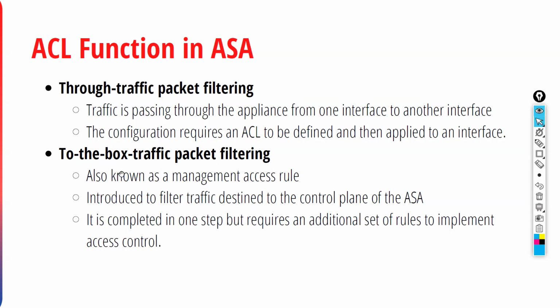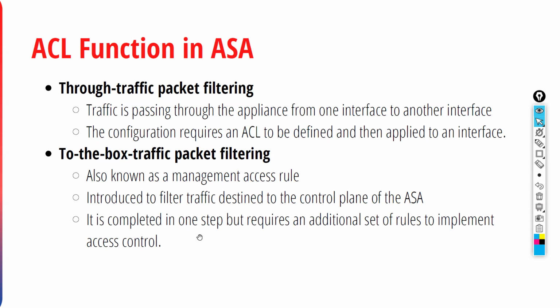Then to the box traffic, also known as a management access rule, is introduced to filter traffic that is destined to the control plane of the ASA. That means the traffic that is going to the firewall. It is completed in one step, but requires an additional set of rules to implement access control. So generally, you cannot filter the to the box traffic using an ACL.